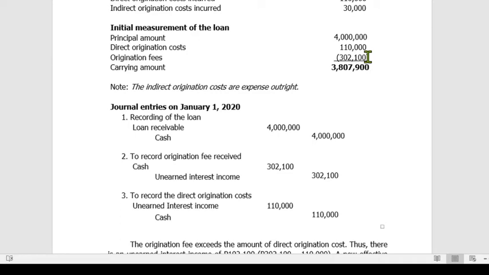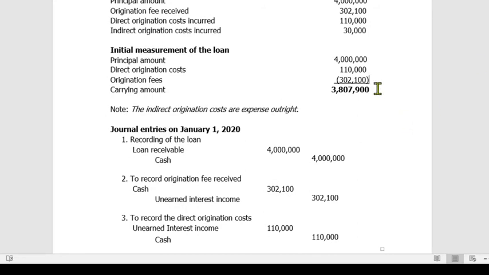The direct origination cost is expense outright, sabi dito sa note. Okay, so we will be using the initial measurement of the loan when we are crafting our amortization schedule.